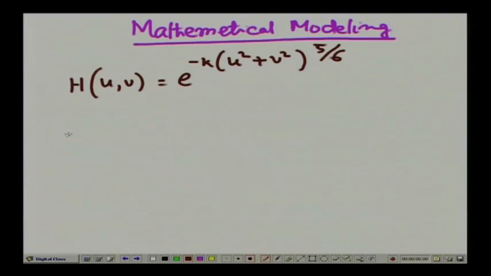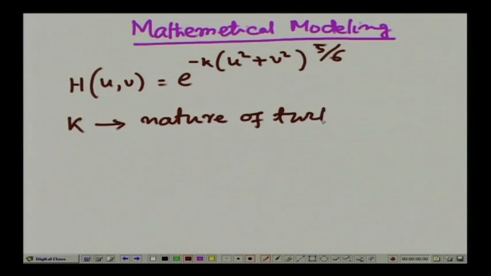And here this constant k gives you the nature of the turbulence. If the value of k is large, the turbulence is very strong, whereas if the value of k is very low, it is a mild turbulence. So, by varying the value of k, we can vary the intensity of the turbulence that is to be modeled.